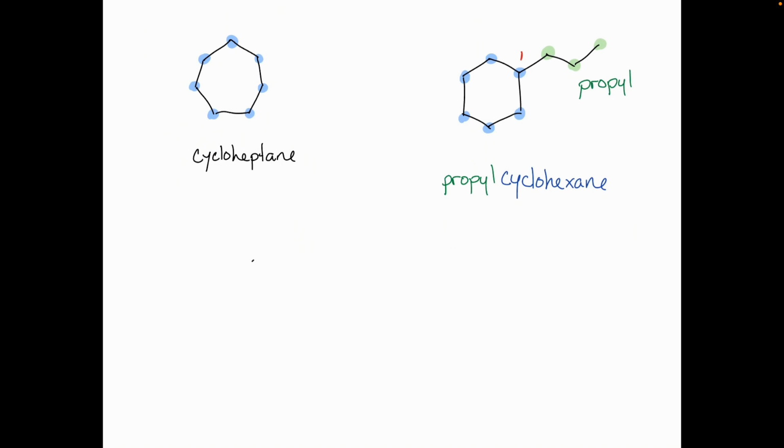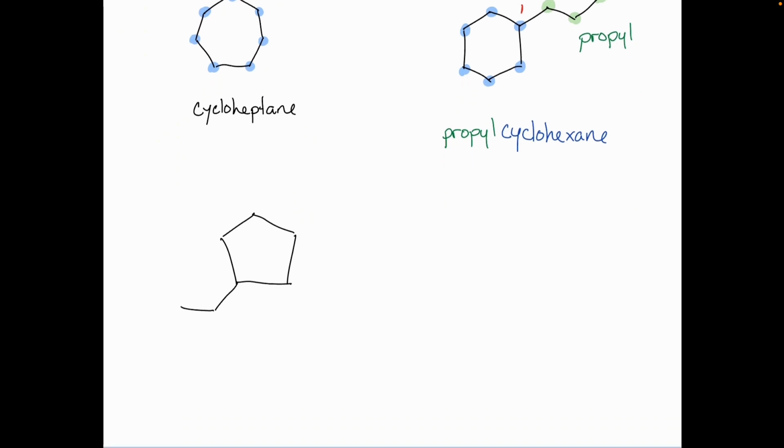Okay, so then what if we have a pentagon? Like that. Actually, let me put it over here. Take a second and name this compound for me. All right, 1, 2, 3, 4, 5 carbons.